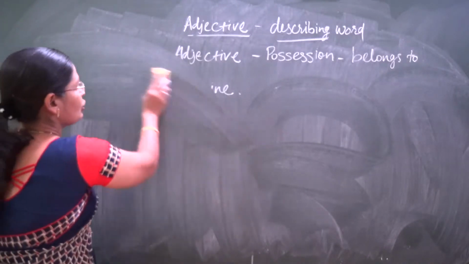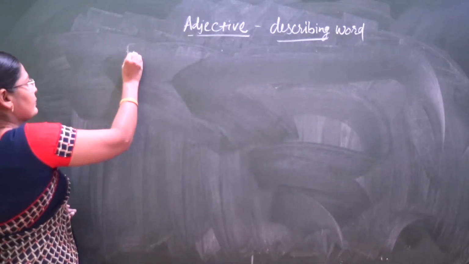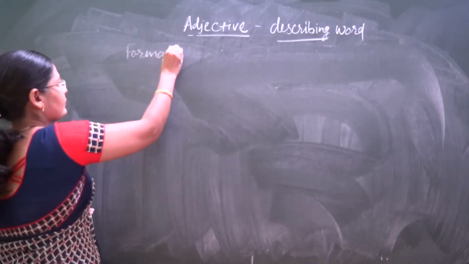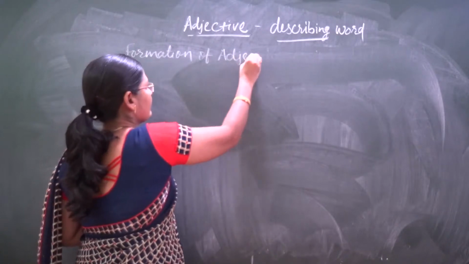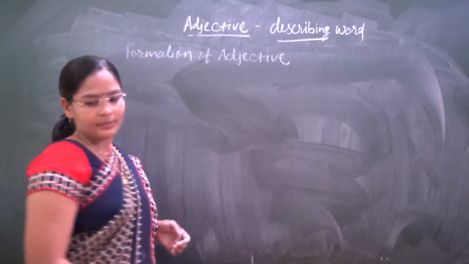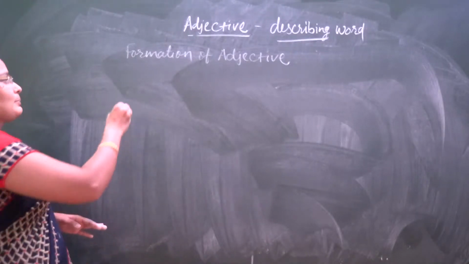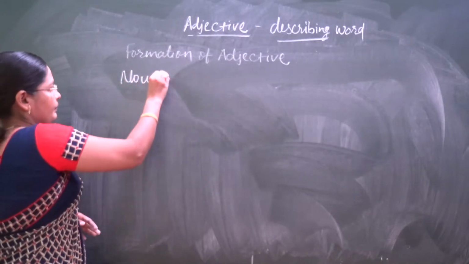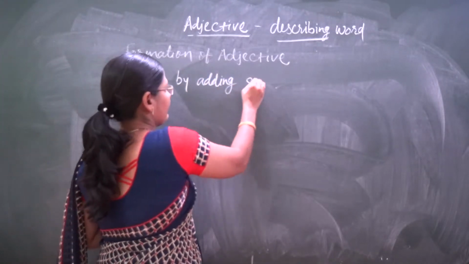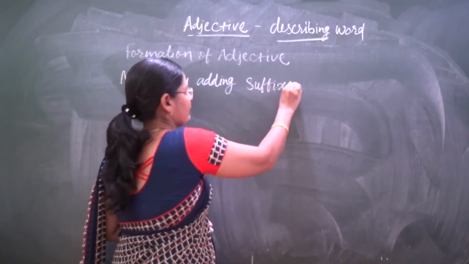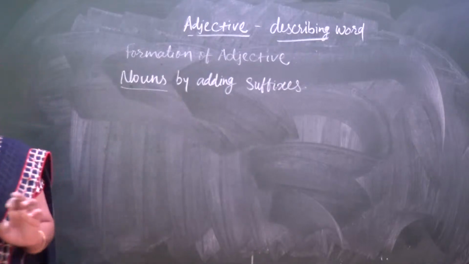Next is the formation of adjective. Adjectives are mainly formed from nouns by adding suffixes.